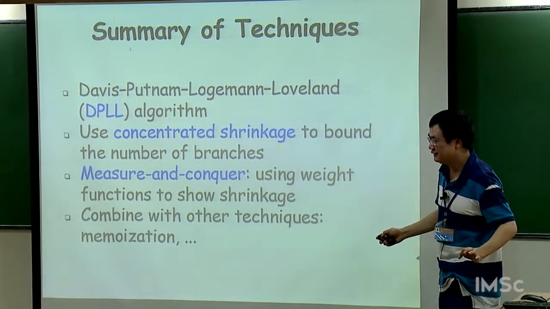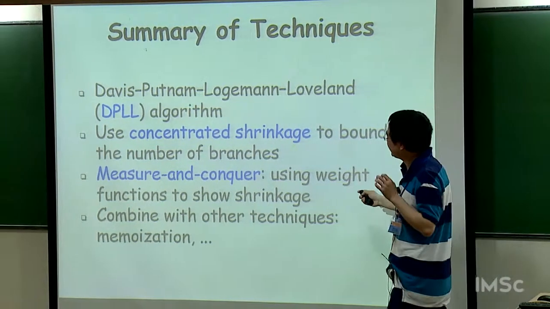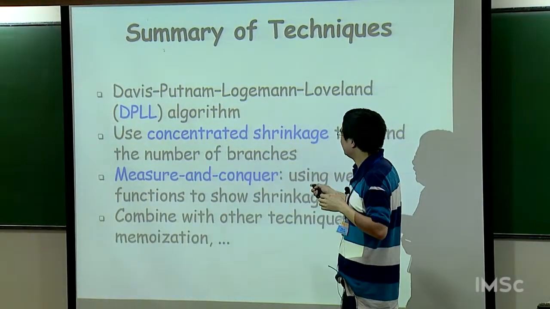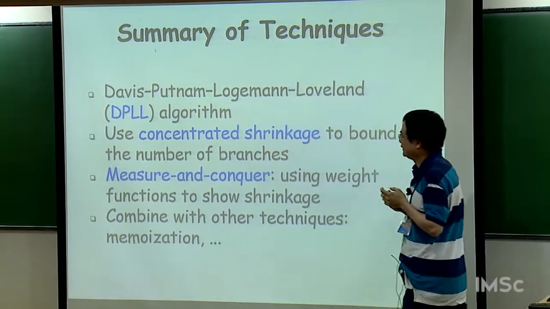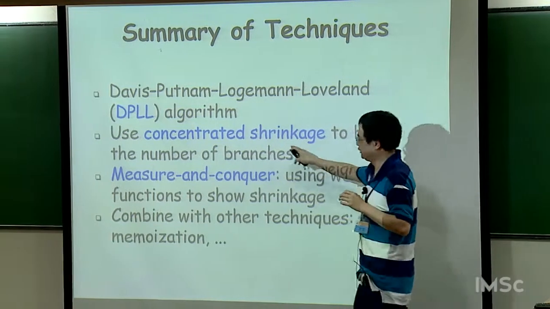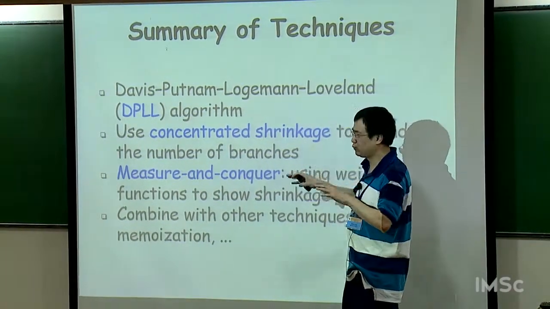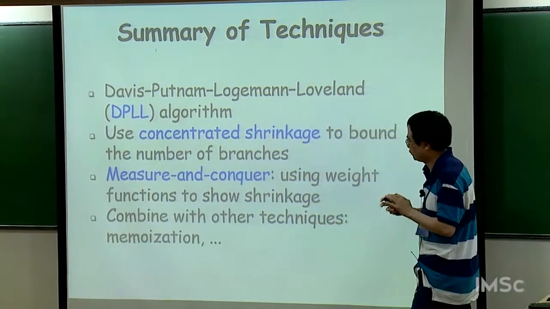So this is my final slide. So here I want to have a short summary of the techniques. So the SAT algorithms we have before are almost DPLL style. So somehow we use concentrated shrinkage to bound the number of branches we generate in this DPLL style algorithm.